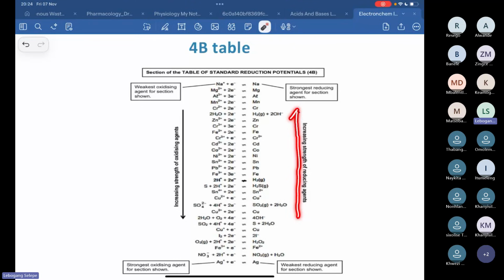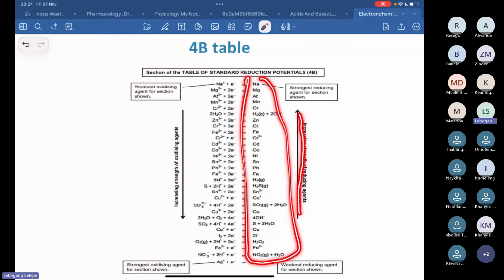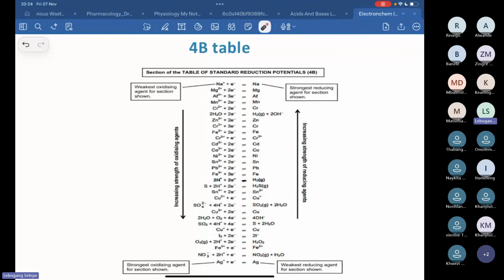It says that the strength of the reducing agent increases, so the reducing ability on this side increases as you go up. The substances on this side of the table are reducing agents. They donate electrons. Whereas the substances on this side, these ones, are oxidizing agents.